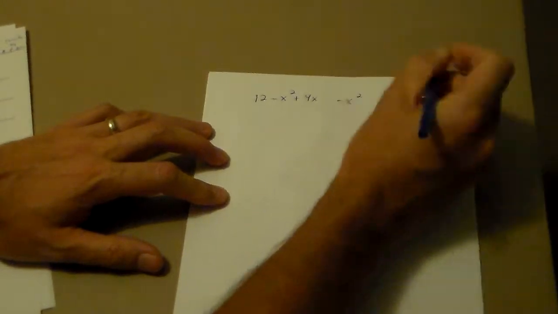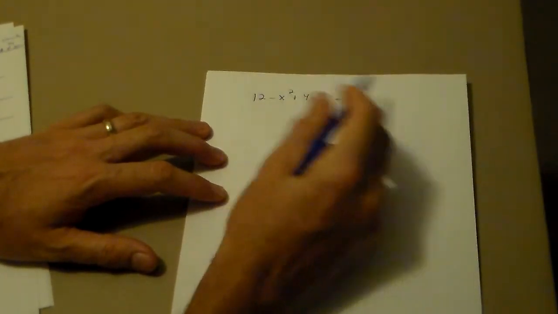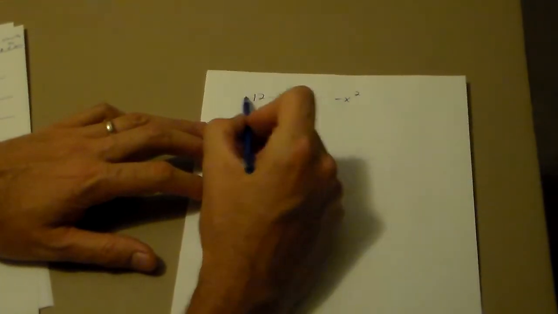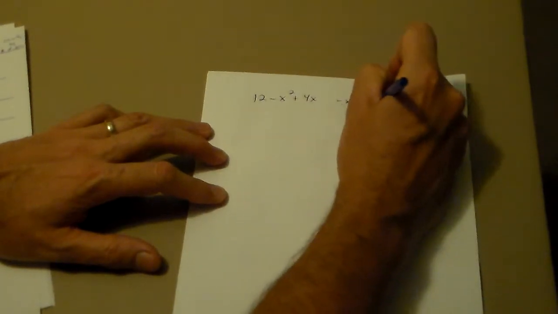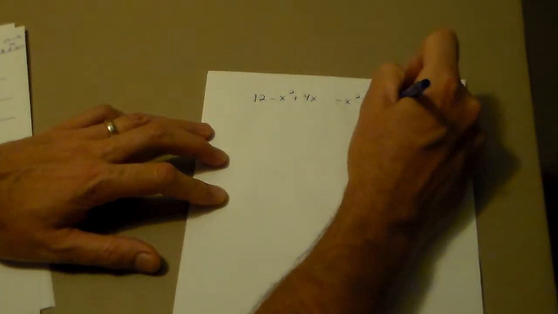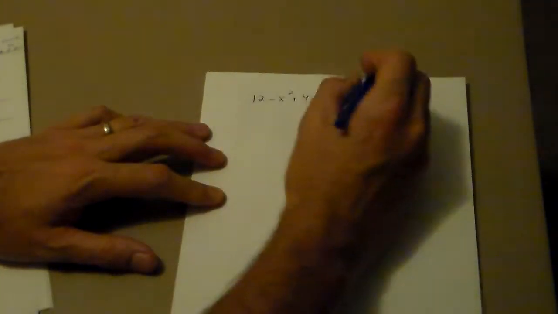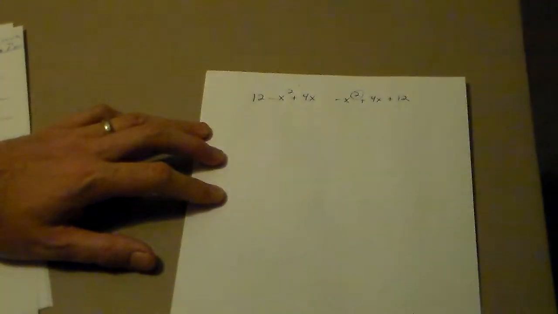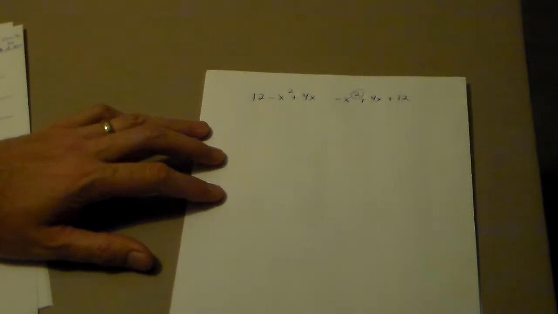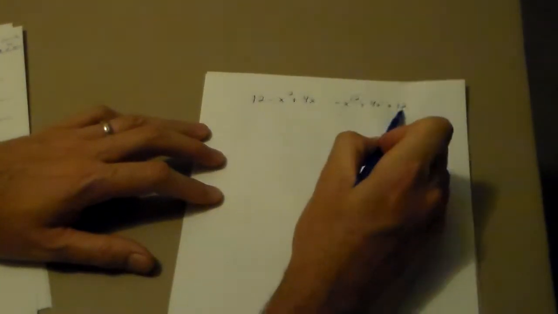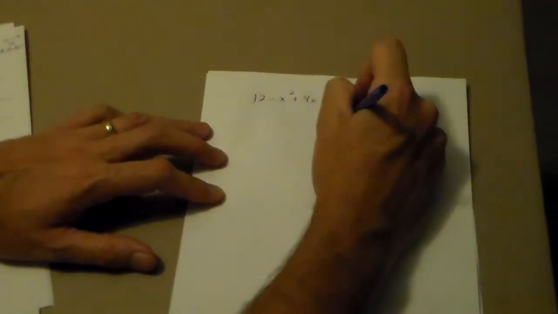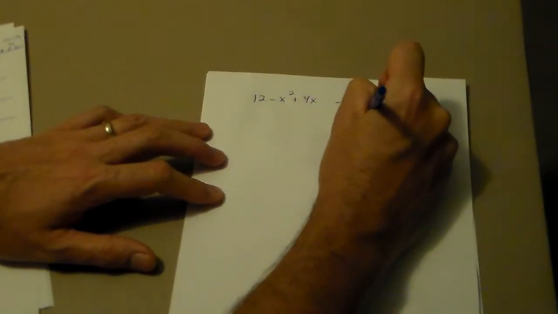So my negative x squared first, that negative belongs with the x squared. It has to stay with the x squared. And then next is going to be plus 4x, and then plus 12. So if they ask me for my degree, it is 2. If they ask me to classify it by the number of terms, how many terms do I have? 1, 2, 3. I have 3 terms, so that makes it a trinomial.